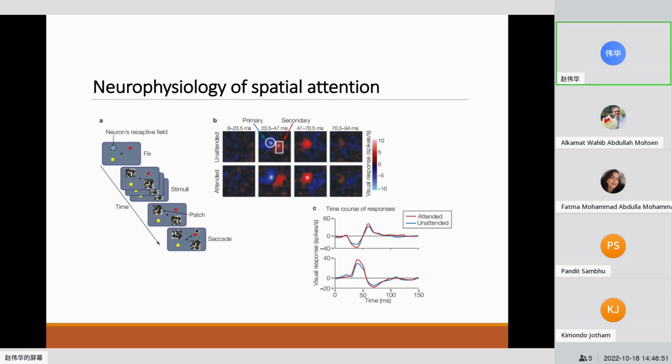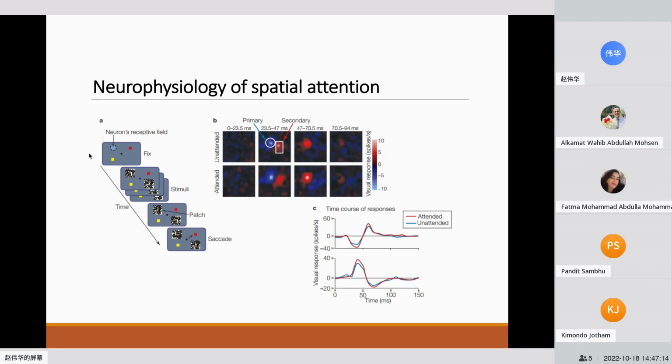The attended location would be positioned either over the receptive field. Here, the blue circle in dashed line is called the receptive field of the V1 neuron. They were recording in the opposite visual field.